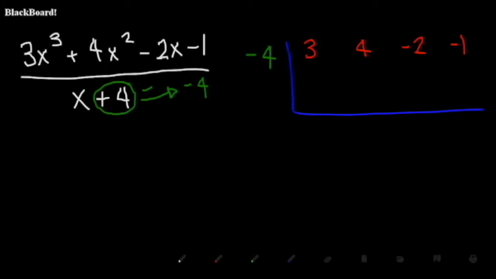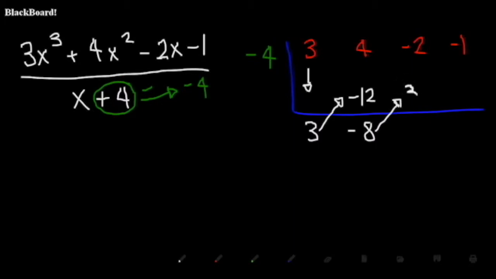And you would have to do this for every single scenario. It's going to be the number that comes after the x. So you bring down the first term, you multiply it by negative 4, and then you place your answer under the space provided. Then you add the two numbers together, and then you multiply it by negative 4.